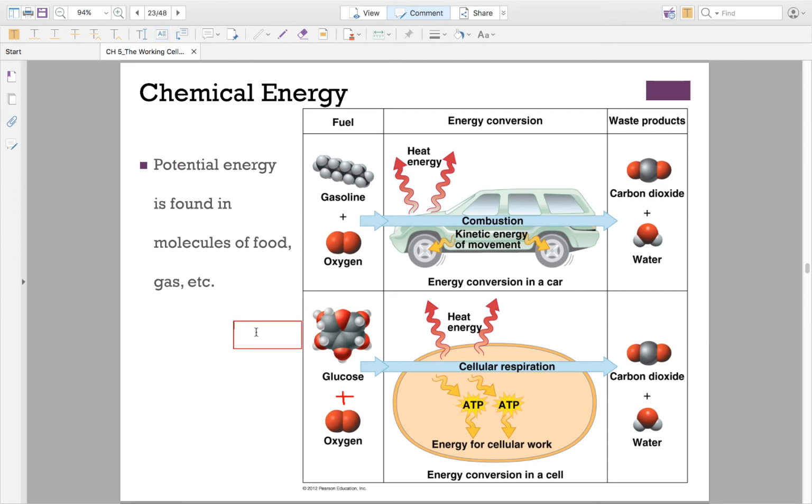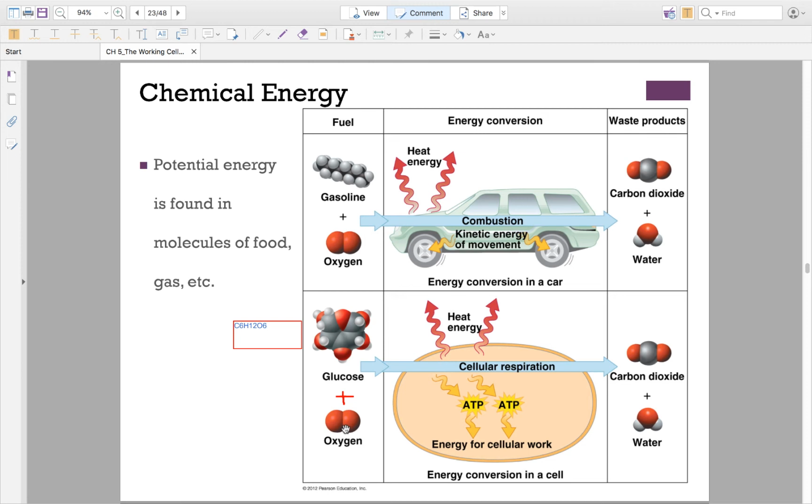And remember, glucose is a C6H12O6 molecule. Oxygen, of course, is just O2. Okay. Now, we get glucose from our diet, and we get oxygen from our respiratory system. We breathe this oxygen in.